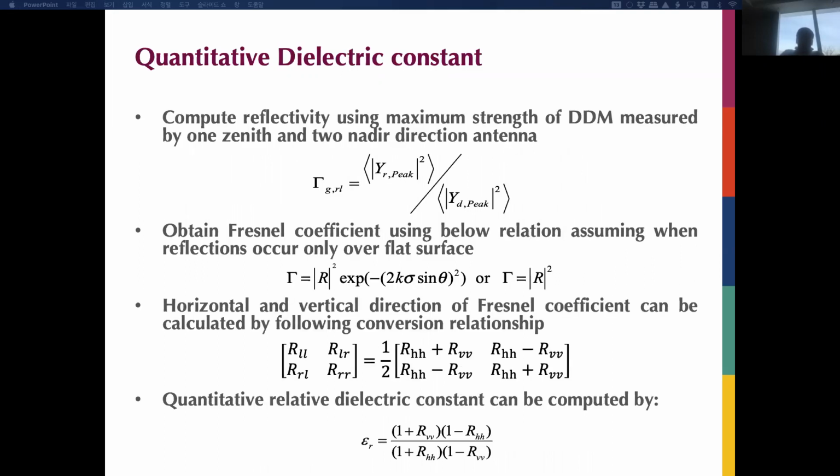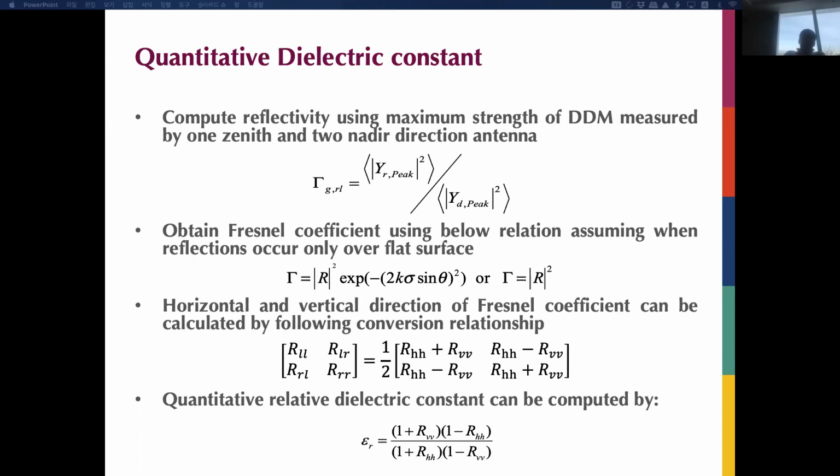And here is our proposed method. GNSS reflectometry is a kind of new science, so there is much room to be developed. One is to predict the dielectric constant. No one has yet developed the dielectric constant and soil moisture model in GNSS reflectometry.